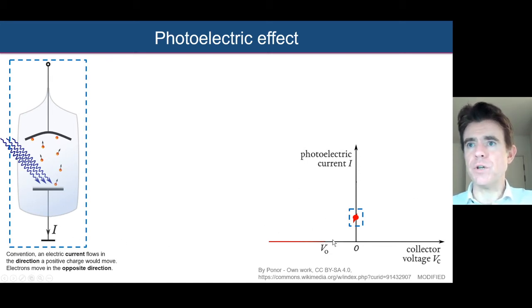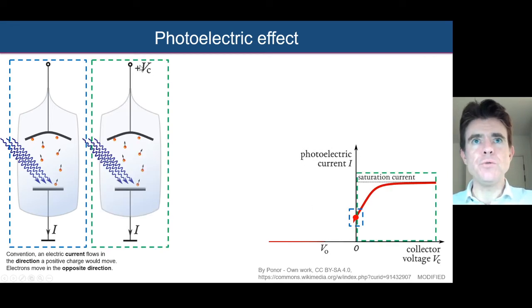And so what I've got here is a plot on the right hand side where I've got zero applied voltage here, and yet we are getting a photoelectric current. So I'm indicating that at this finite amount of current here. Now, if we do apply a voltage across here, what we can end up doing is causing more of these emitted electrons to make it across towards the collector.